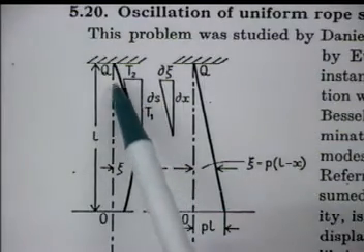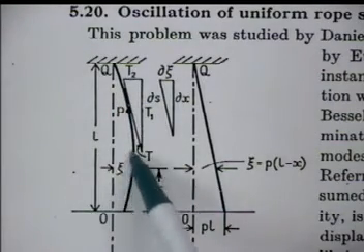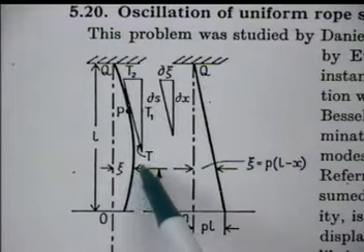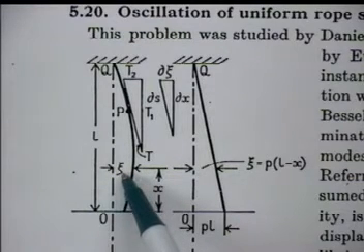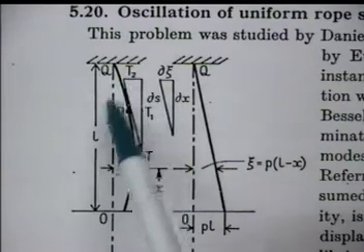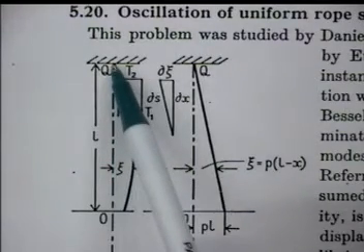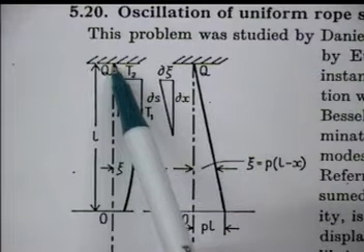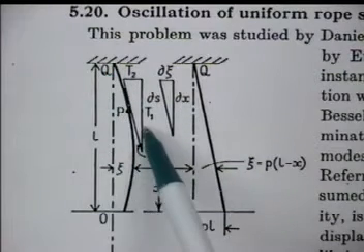We're going to pay attention to this diagram and say the displacement from vertical is psi, and x is going from the free end up, and the total length is going to be L, fastened in a simple mode at the top.